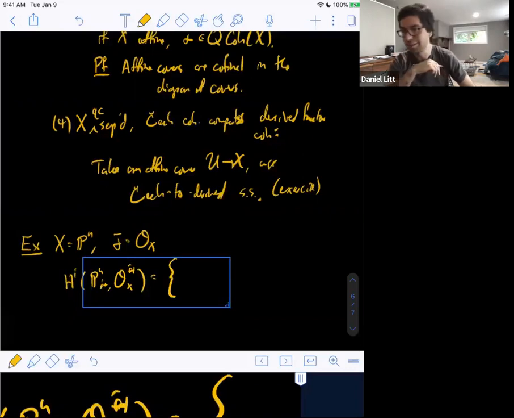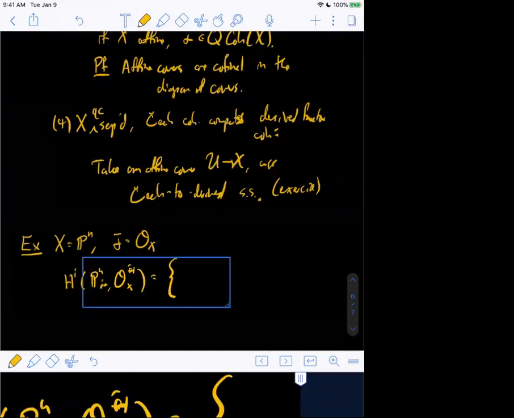So P^n is a quasi-compact separated scheme, and it certainly satisfies this condition on finite sets being contained in affines. So we can compute derived functor cohomology via Čech cohomology. So the previous theorem applies. So what does it tell us?